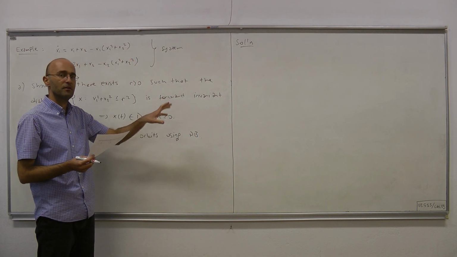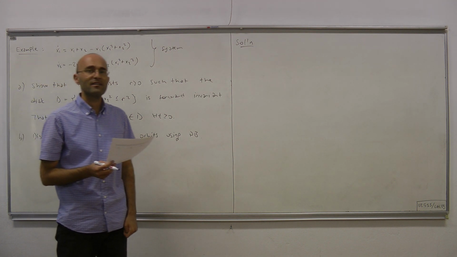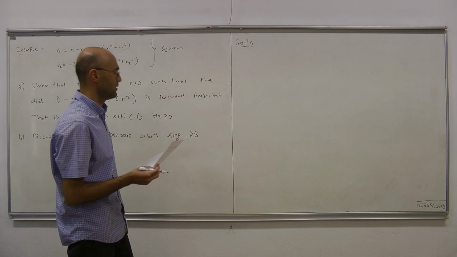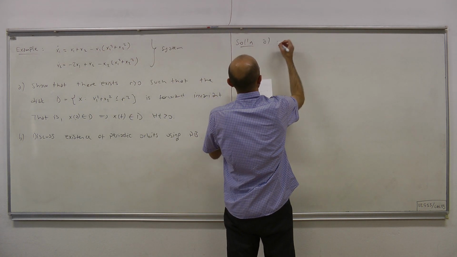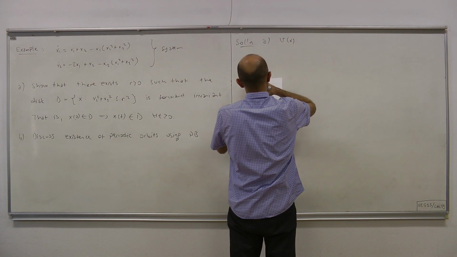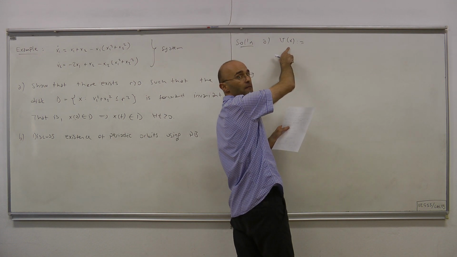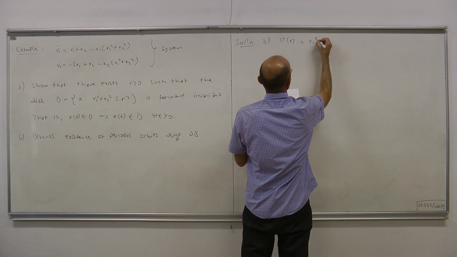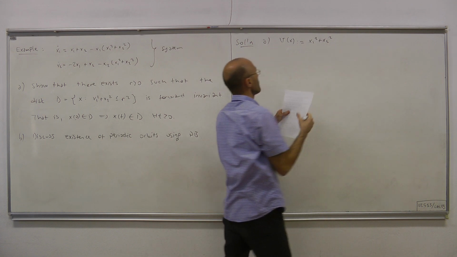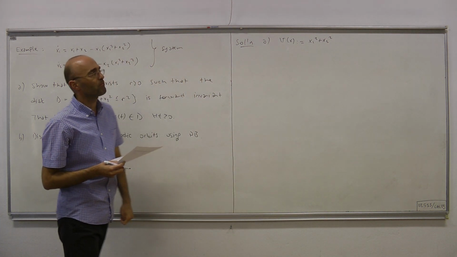By looking at the derivative information, we can deduce some important qualitative information regarding the system. So let's begin by defining this function V of x. x is our state, x1 and x2, V of x equals x1 squared plus x2 squared. Note that this function is no other than the square of the Euclidean norm.